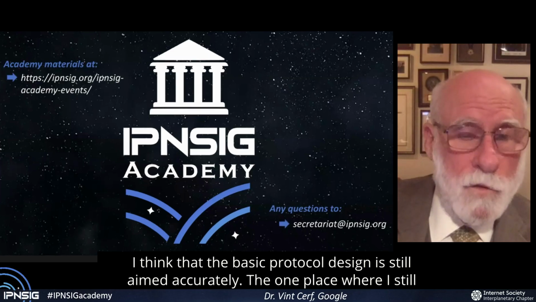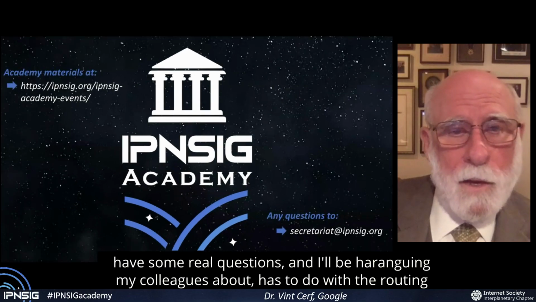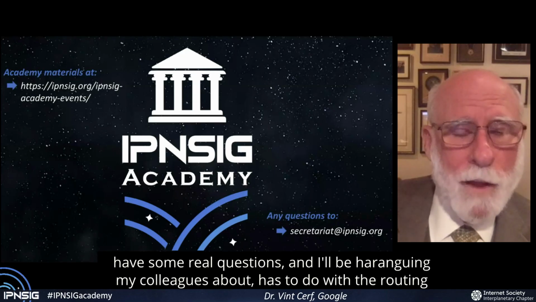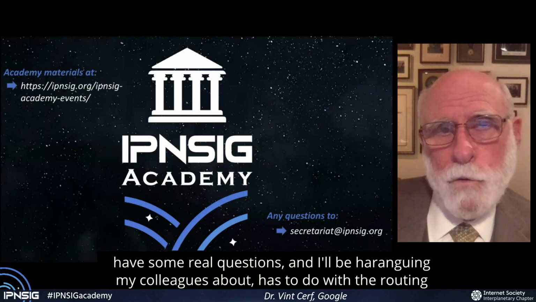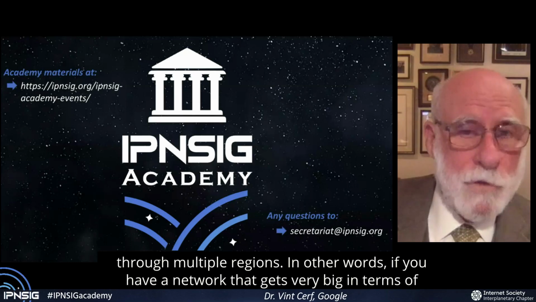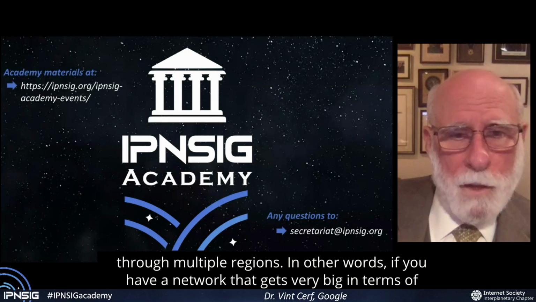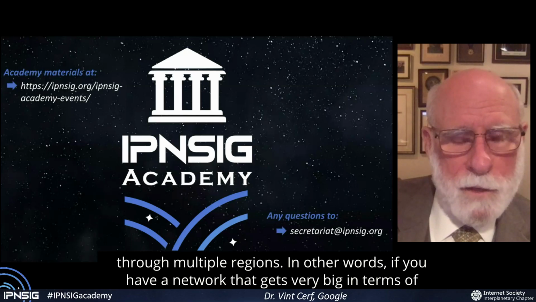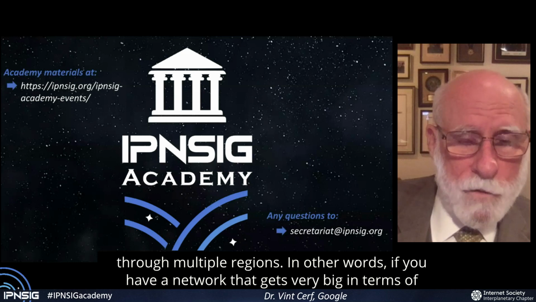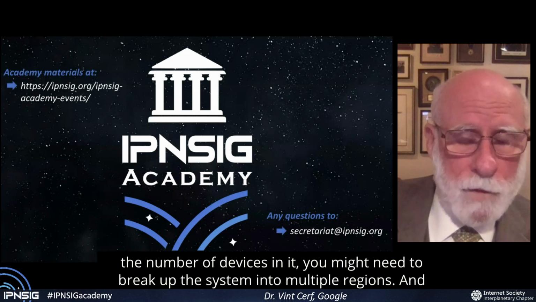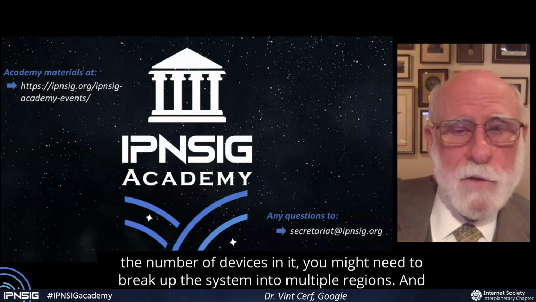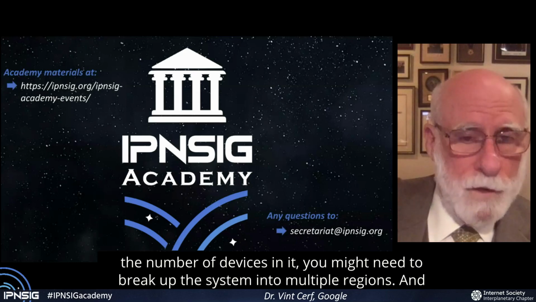The one place where I still have some real questions, and I'll be haranguing my colleagues about, has to do with the routing through multiple regions. In other words, if you have a network that gets very big in terms of the number of devices in it, you might need to break up the system into multiple regions.